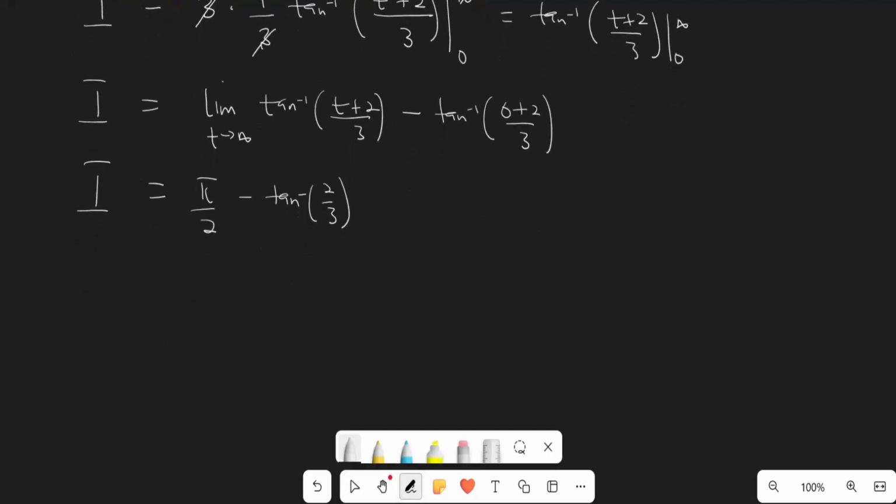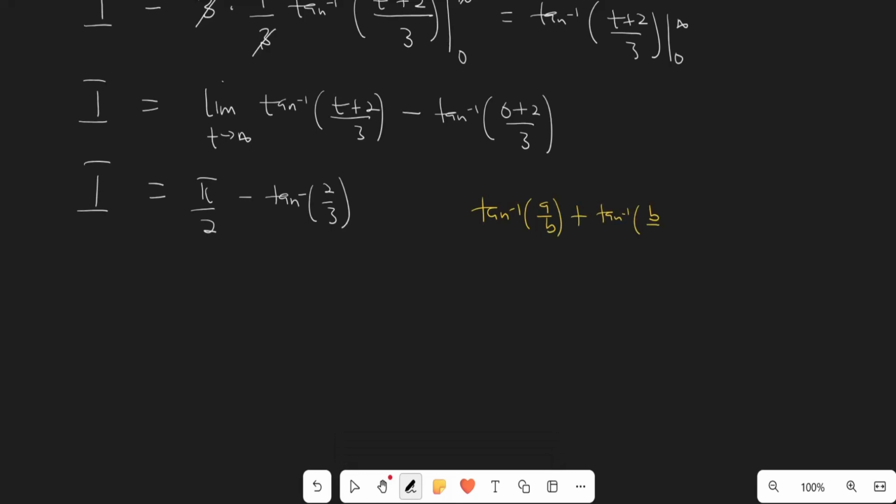But to simplify this one further, we know that the tan inverse of a over b plus the tan inverse of b over a sums to 90 degrees, which is pi over 2, right? So that means pi over 2 minus the tan inverse of a over b is the same as the tan inverse of b over a.